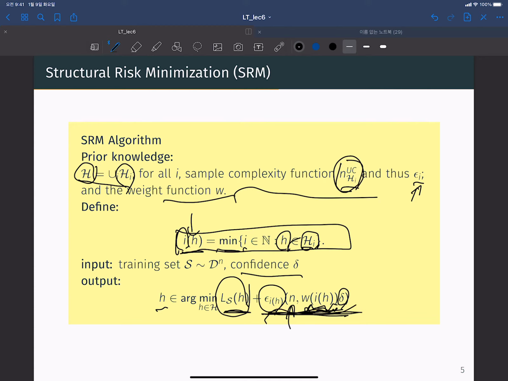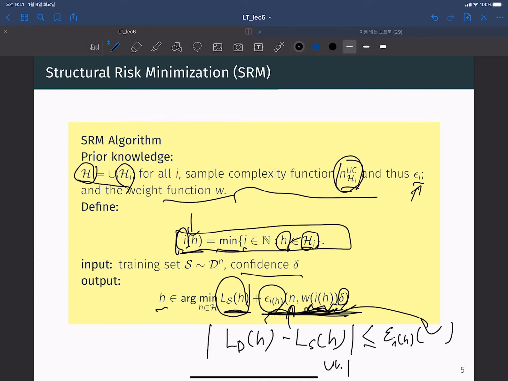So this epsilon function will upper bound our true test error minus the training error. The absolute value is upper bounded by epsilon_{i(h)} with probability 1 minus w(i(h)) times delta.